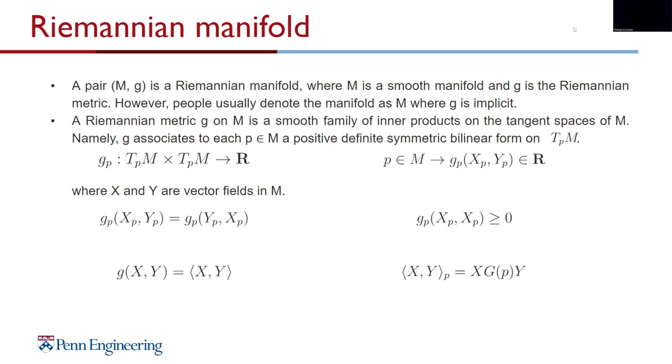These are the properties of that metric: it's commutative, and if you measure the distance from the same point, it's always bigger than or equal to 0.